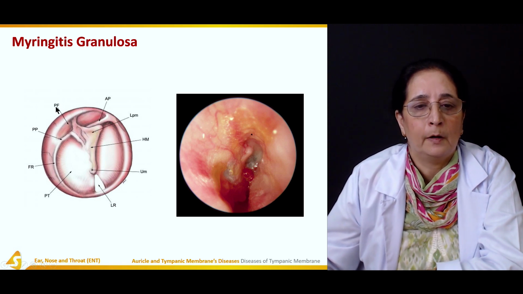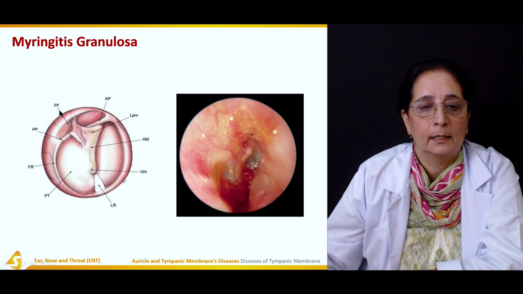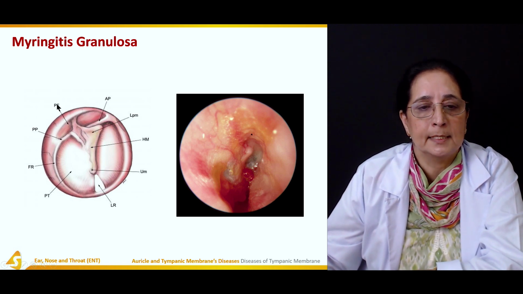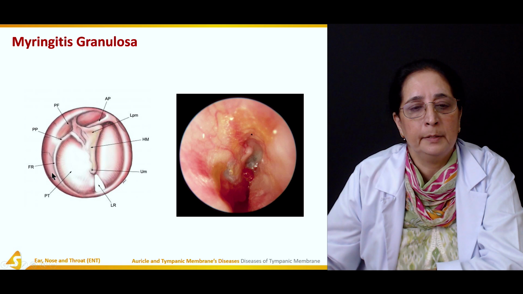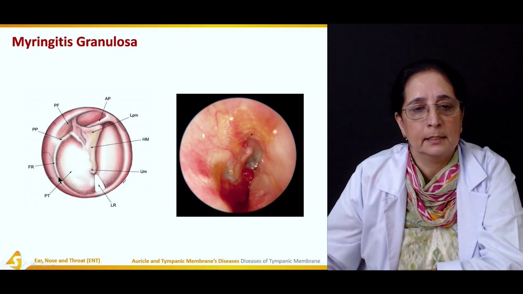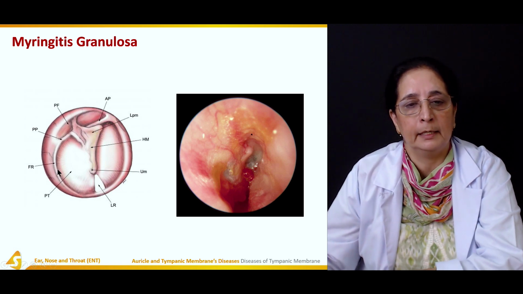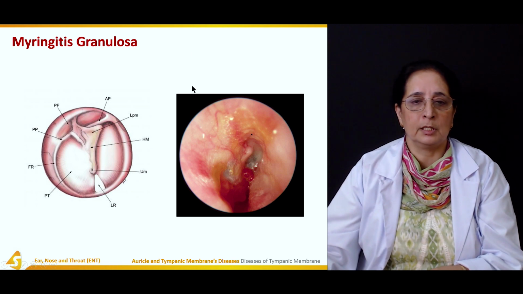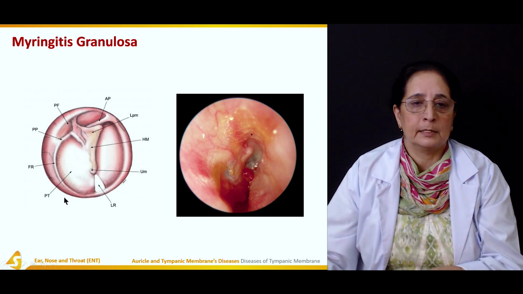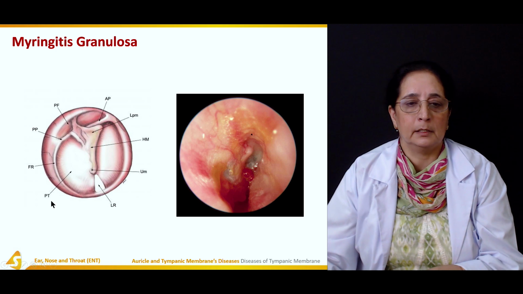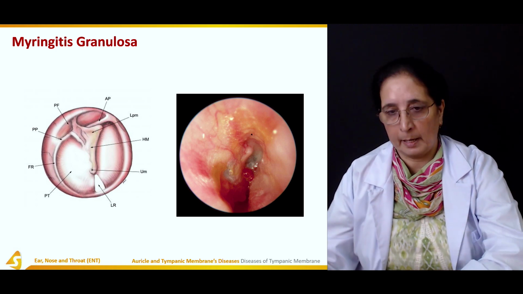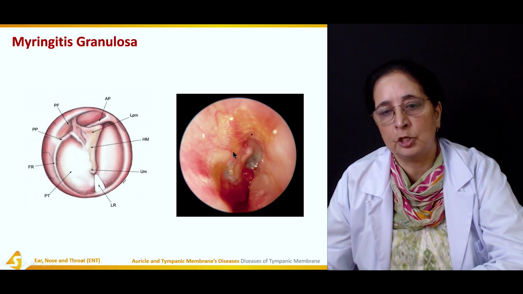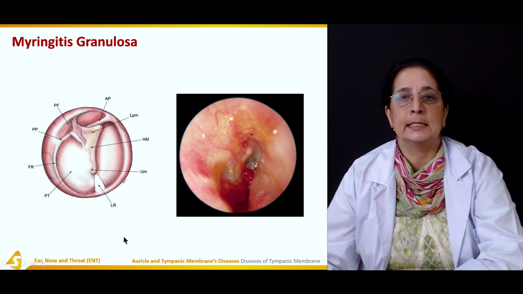This is the pars flaccida, and this is the long arm of the incus. So these are the different structures, pars flaccida, pars tensa. These are the different structures you can see through the tympanic membrane. And this is the granulation tissue in myringitis granulosa.